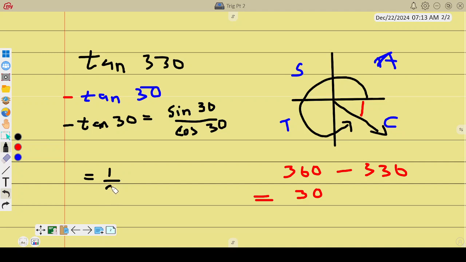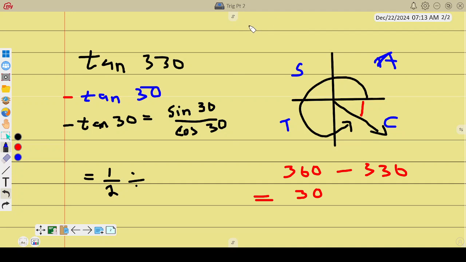If you haven't mastered this, you can just draw the hand. It's better you know where to start from than you master it and then forget later on. So sine 30 is 1 over 2, divided by cos 30. Even I've forgotten.